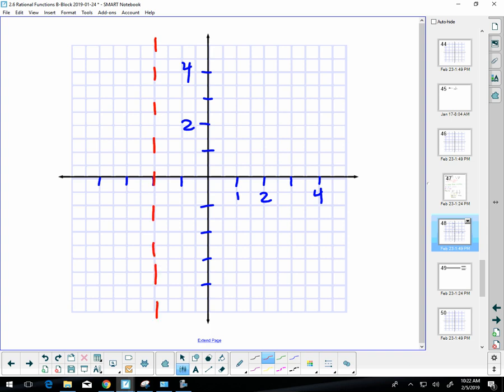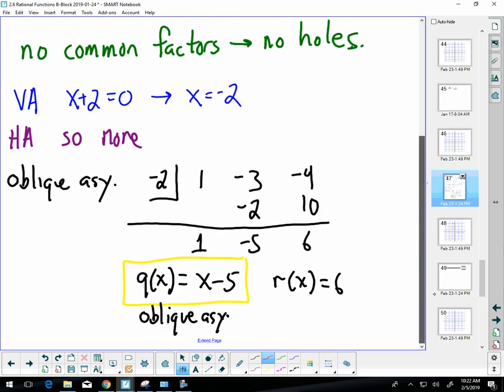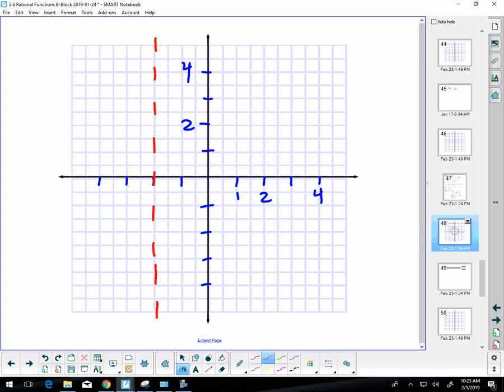I have no horizontal asymptote. My oblique asymptote was, let's review here, x minus 5. So a y-intercept of negative 5 with a slope of 1. So that might be a little tough here. Maybe I didn't scale this perfectly great. We'll see if we can make do.